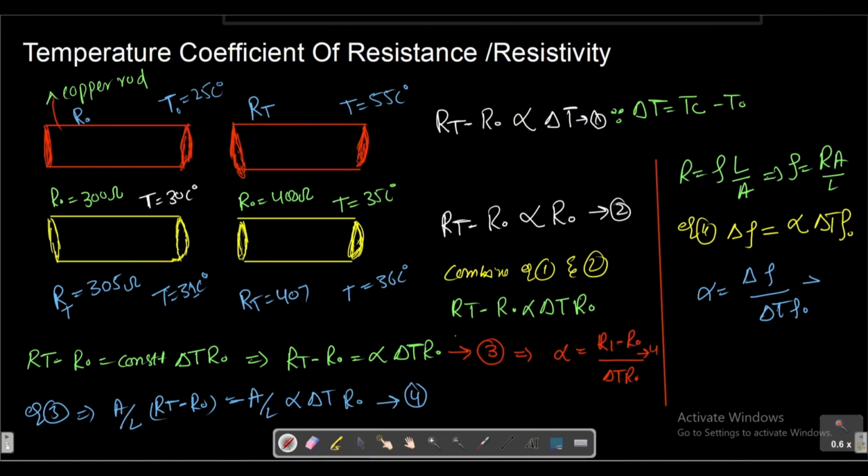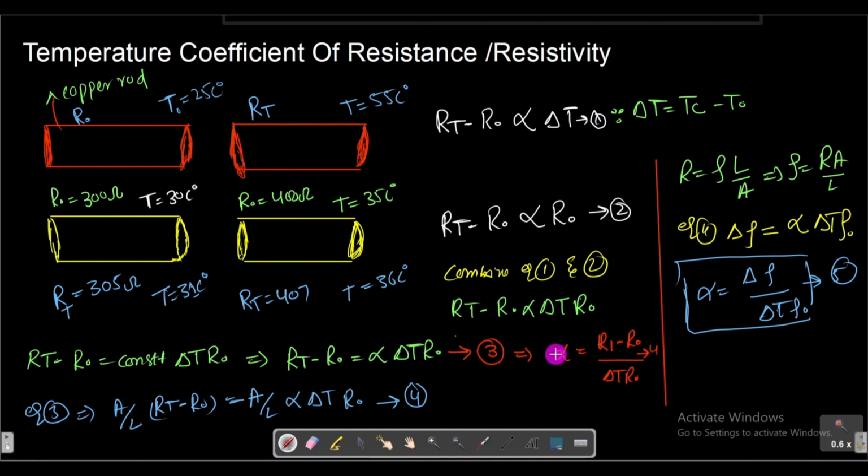So this is equation 5, and this is the temperature coefficient of resistivity, which is the change in resistivity per degree rise in temperature per the original resistivity.